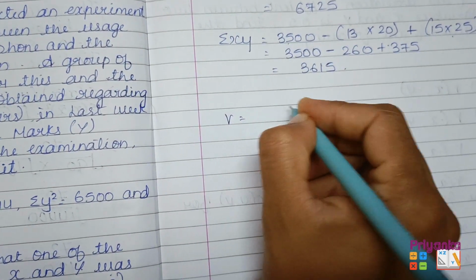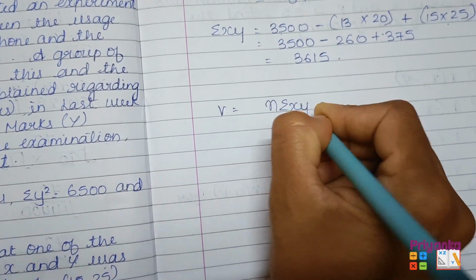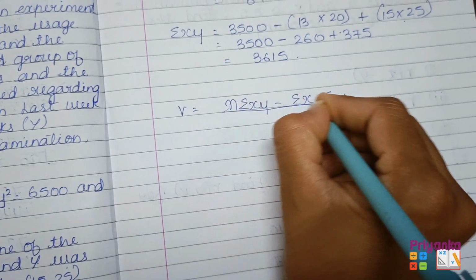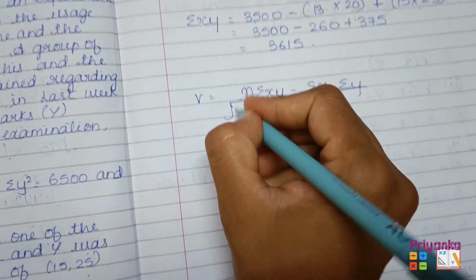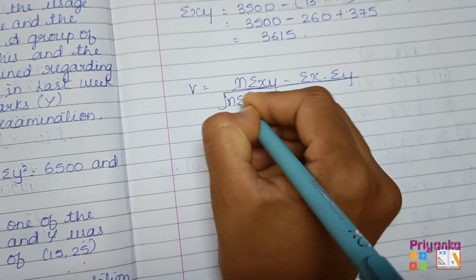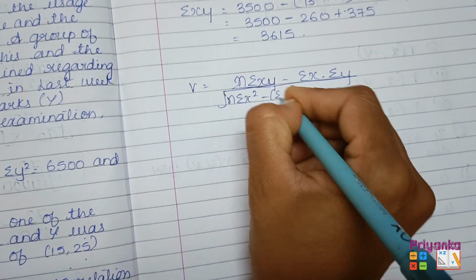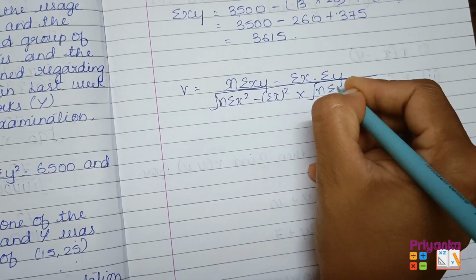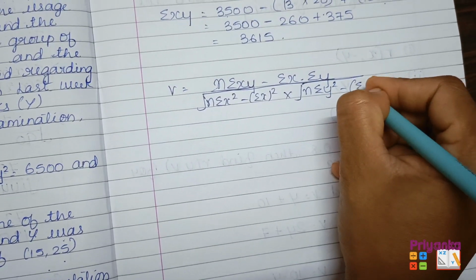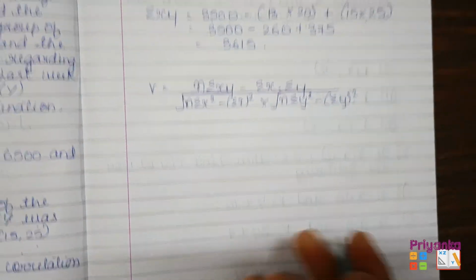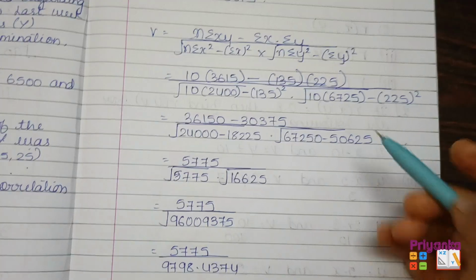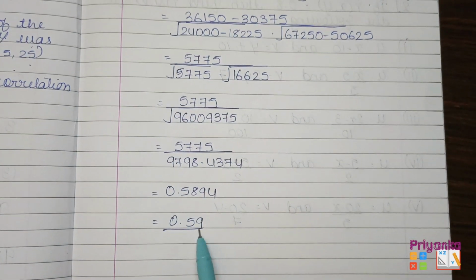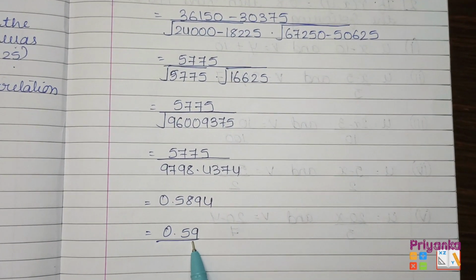So here I'm writing the formula: sigma XY minus sigma X sigma Y upon n sigma X square minus sigma X whole square into n sigma Y square minus sigma Y whole square. Now just put in the values. After putting in the values, I'll go through the calculation, and at the end we get 0.59.